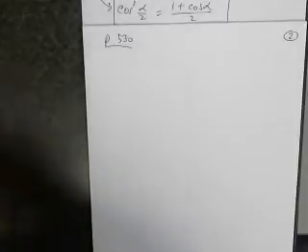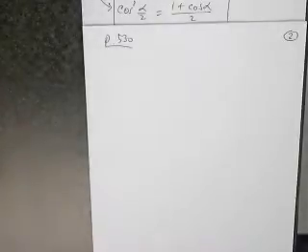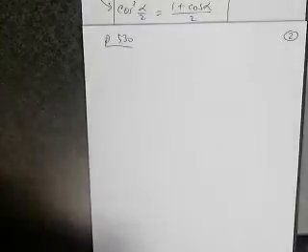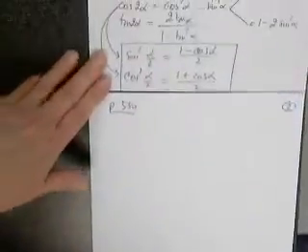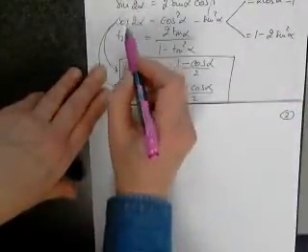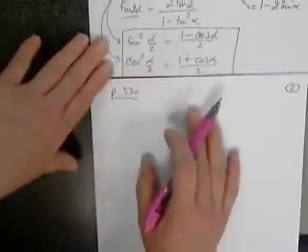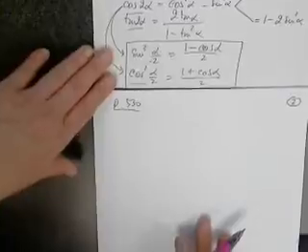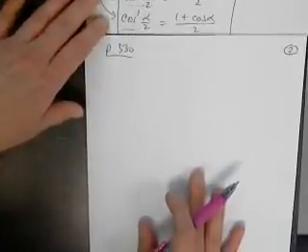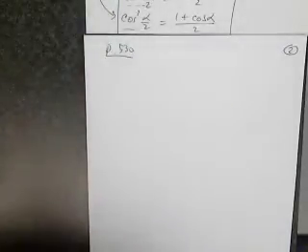Identities and trig equations, and I will ask you either to find sine alpha over 2 or sine 2 alpha. So you will have a question like this, one like this, and an identity and an equation. Pretty much, this is what I would expect to see.